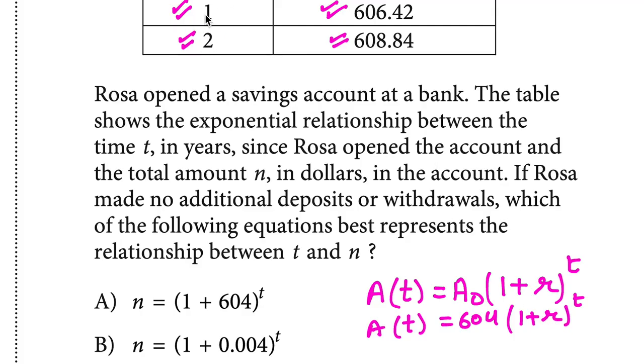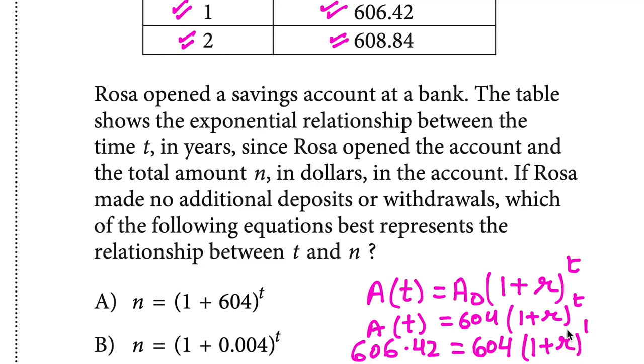For example, let's take t as 1, and the amount after the first year is $606.42, when the initial amount is 604.